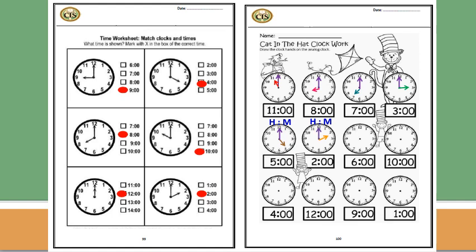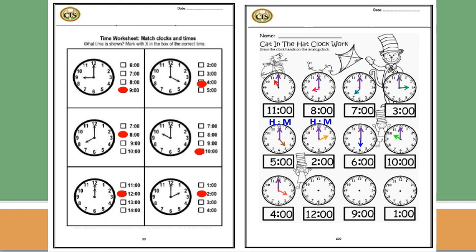The short hand points to 6 and the long hand points to 12. 10:00. 10 for hours, 00 for minutes. So the short hand points to 10 and the long hand points to 12. 4:00. The short hand points to 4. The long hand points to 12.